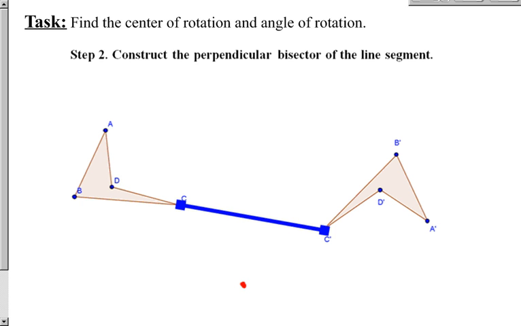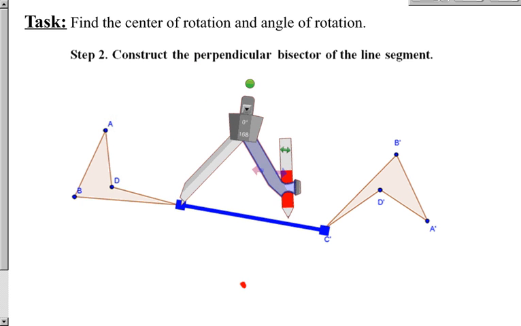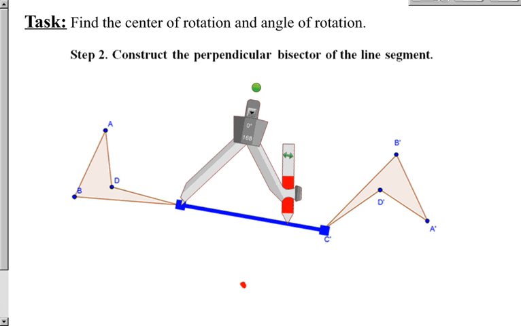So to do that, we definitely need a compass. And the most important thing about constructing a perpendicular bisector is to make sure that when creating an arc, it has to be larger than the midpoint, right? So let's just be about correct.